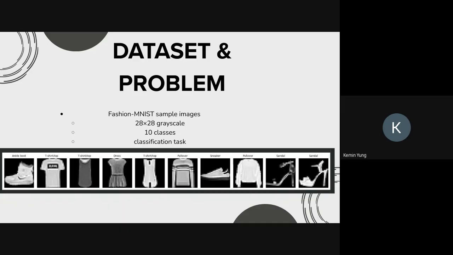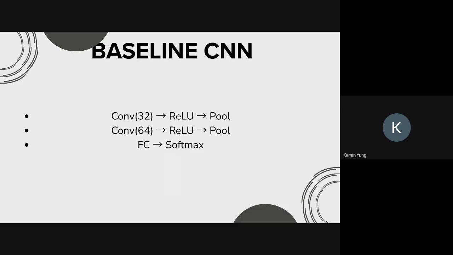Okay, so compared to the original MNIST dataset, Fashion MNIST is more challenging and is commonly used for evaluating CNN performance. So in part one, the goal is to build a baseline CNN and investigate how different pooling methods affect model performance. We built a simple baseline CNN model.